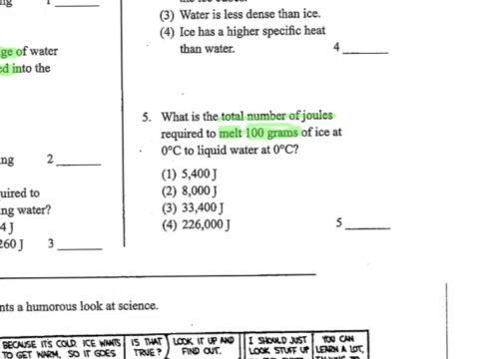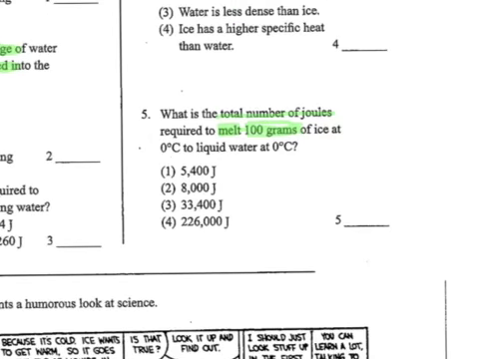Now remember, before on one of the other questions I had stated that sometimes they will give you the same kind of question, but they will give you a mass. So in this instance, you need to multiply the energy that goes into melting the ice by 100 grams in order to find out what that total number of joules is that is required.